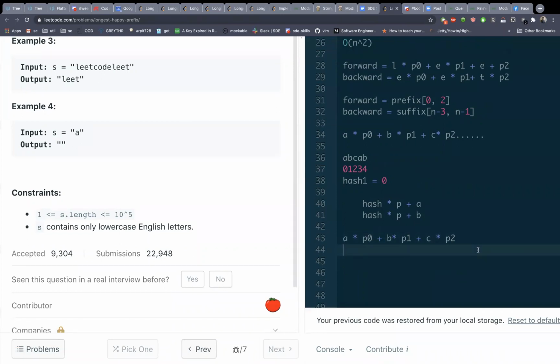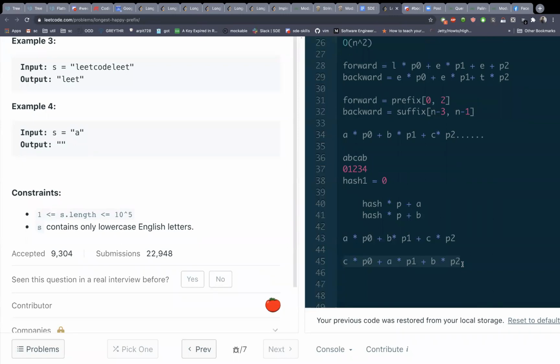Now, if I want to calculate the hash of the last 3 characters from backward, then what I need is C into P raised to 0 plus A into P raised to 1 plus B into P raised to 2. If for the last 3 characters I want to calculate the hash, then the hash should look like this, right?